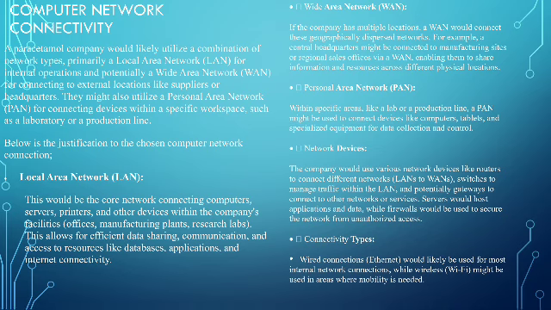The local area network will be the core network connecting computers, servers, printers, and other devices within the company's facilities. This will allow efficient data sharing, communication, and access to resources like databases, applications, and internet connectivity.